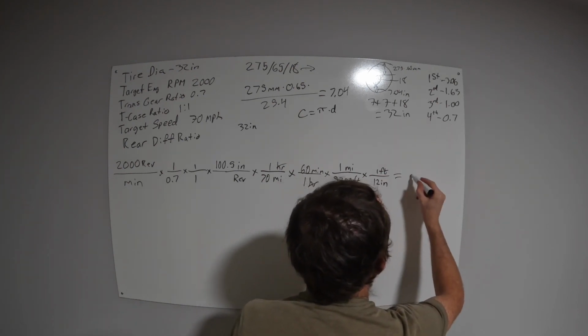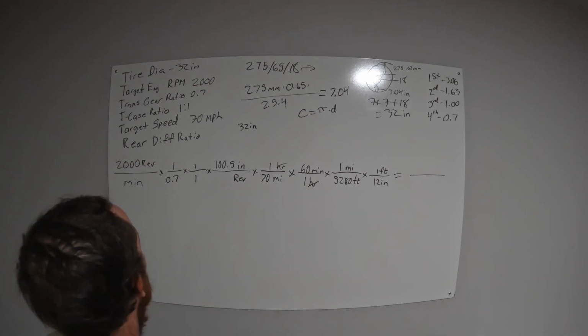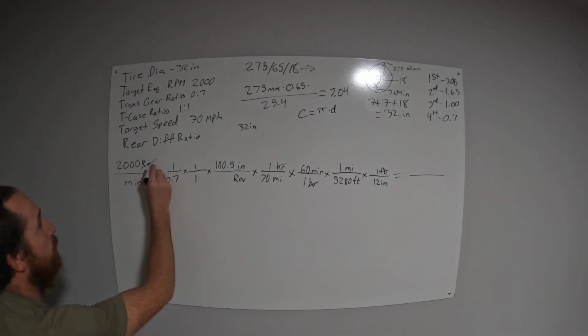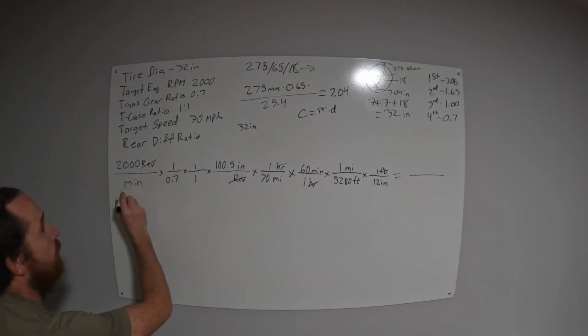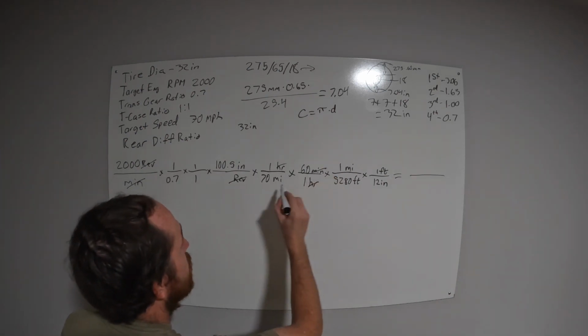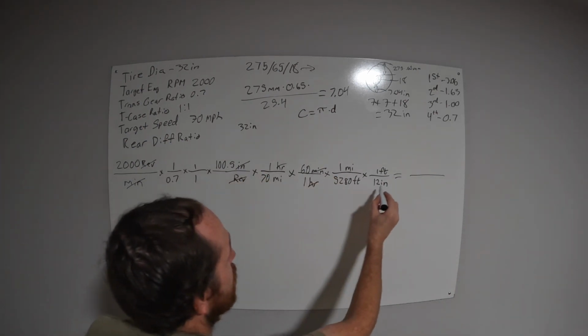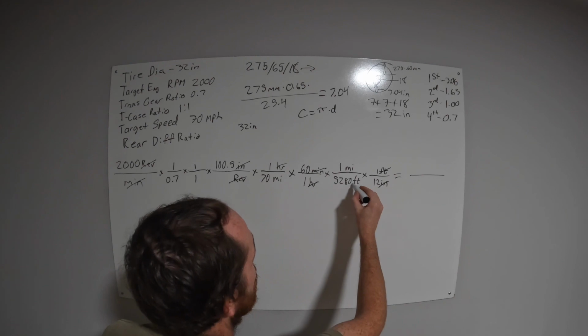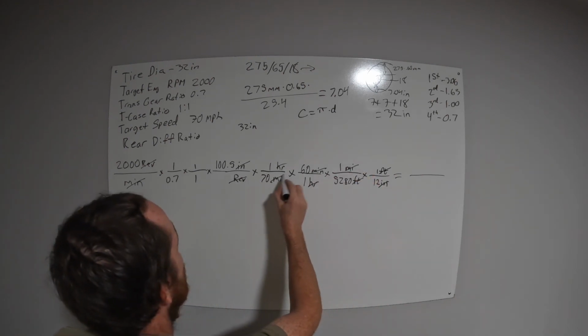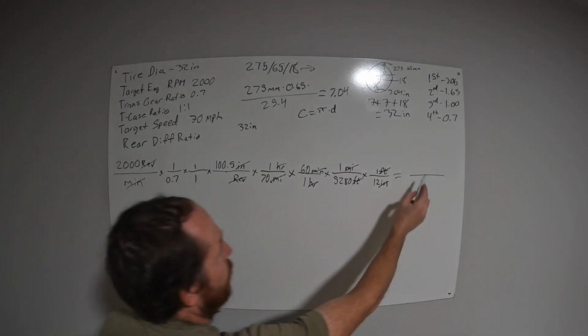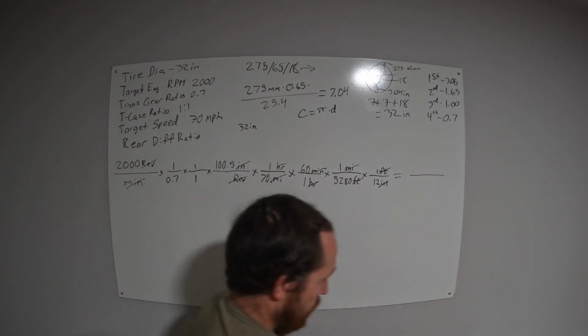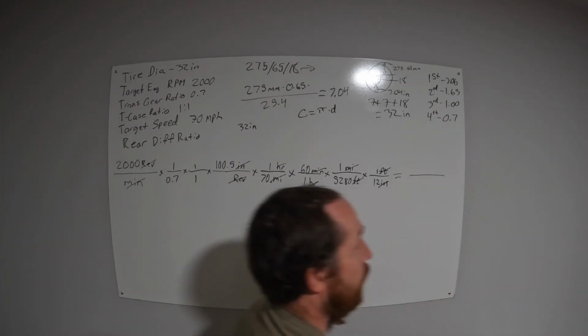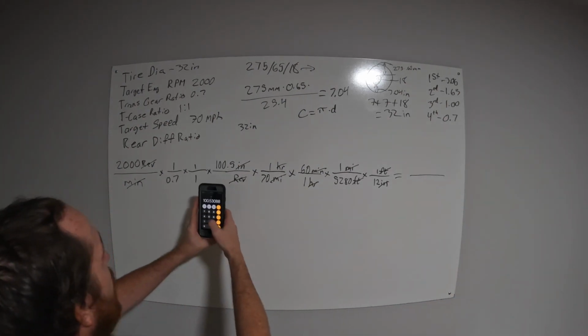See, I knew that would be in the wrong place. And I think we're good. So let's go back to here. Revolutions, revolutions. Minutes, minutes, inches, inches, feet, feet, miles, miles. We are now unitless.